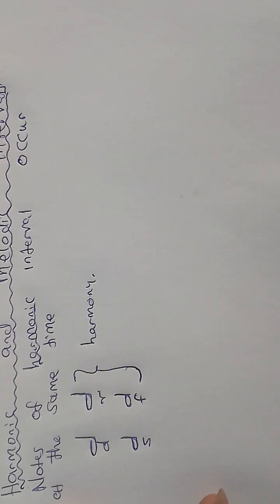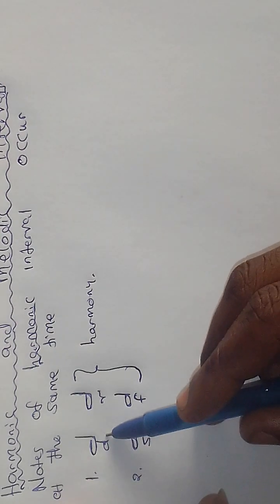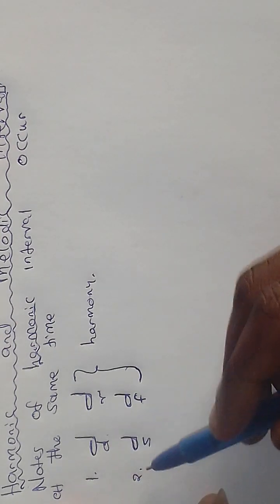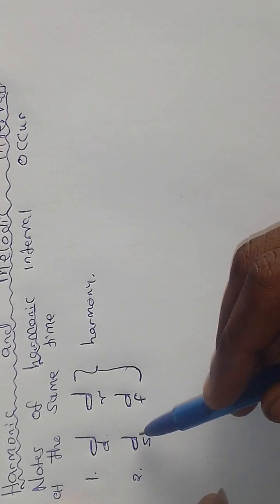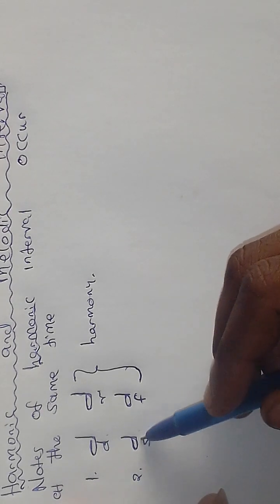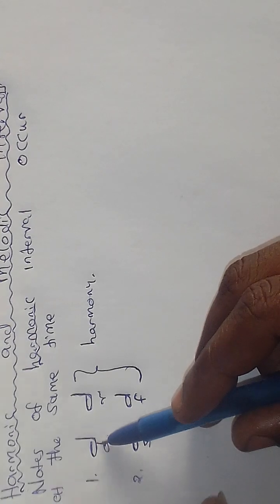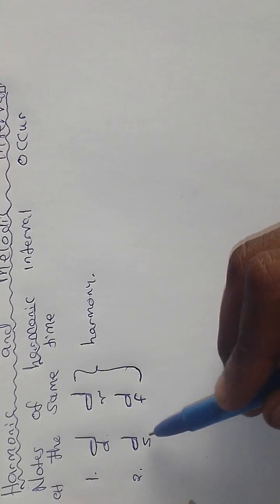When person 1 sings do, at the same time, person 2 sings so. Do, so. Person 1 can be soprano, person 2 can be maybe alto. They are sounding the notes at the same time.